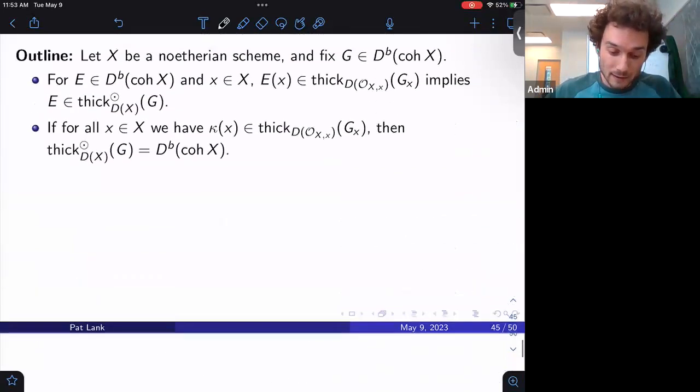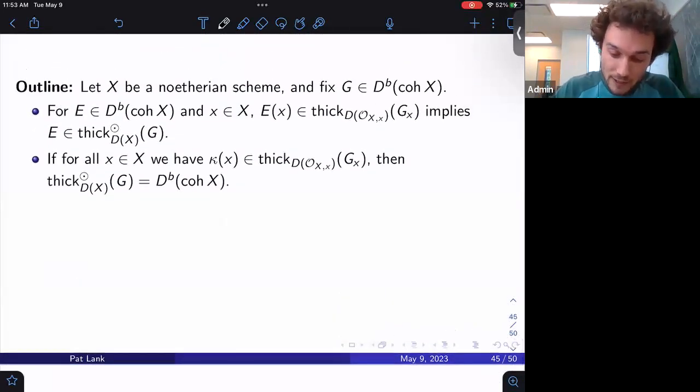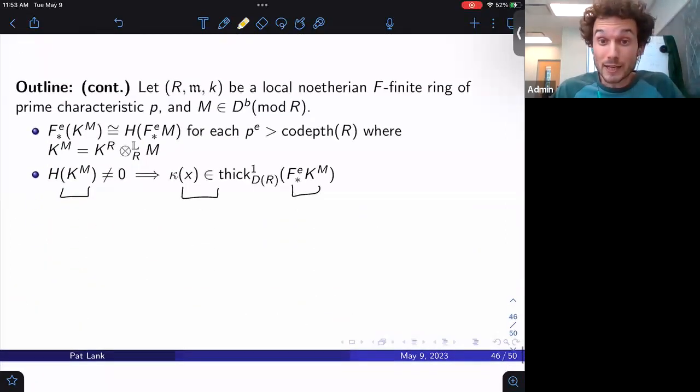So if you go back, this says, all right, if I can generate all the residue fields locally, then thick_⊗ of my object is the whole space. Locally, what we're saying is, I take any object, I have a mild condition on its cohomology non-vanishing, I can push forward enough times, and I can actually generate the residue field like I wanted to.